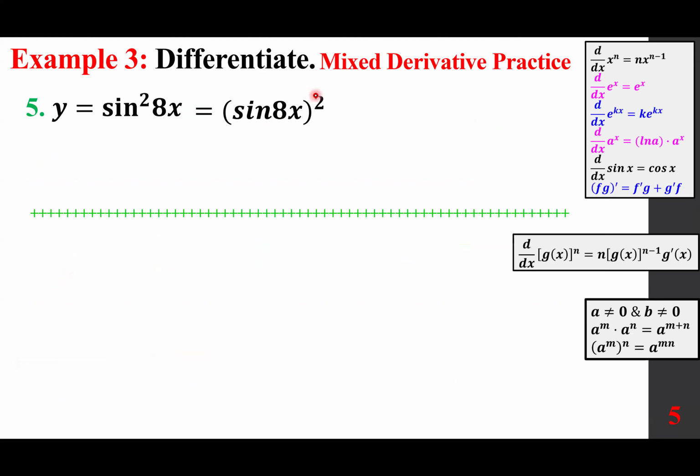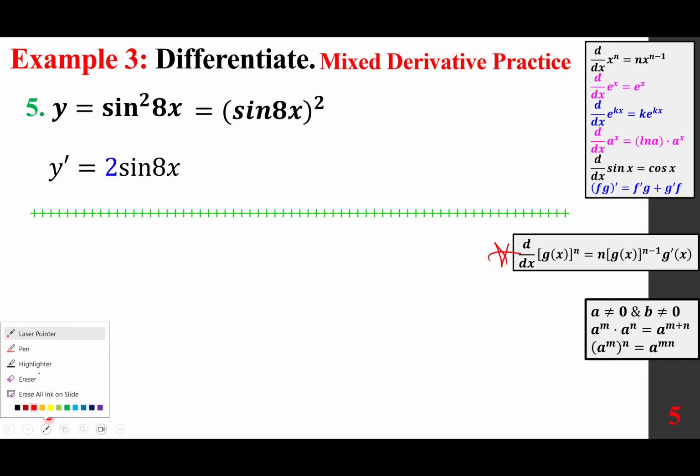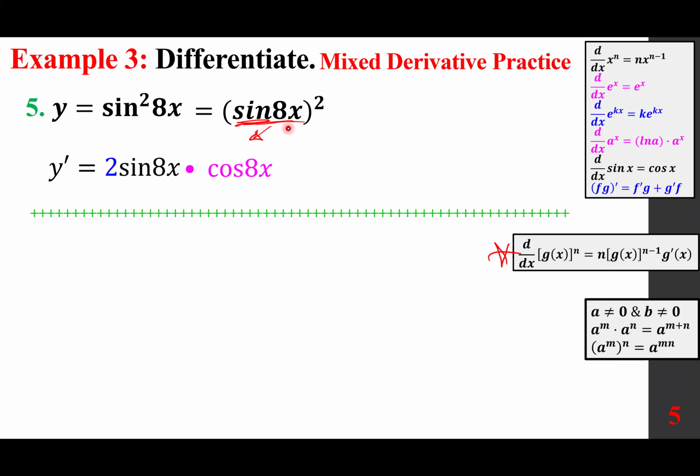So sine 8x to the power of 2, we are going to use the extended power rule. So we're going to write 2 and then sine of whatever, in this case 8x to the power of 1, or simply don't write the exponent. Now we are going to multiply it by the derivative of sine. As you know, the derivative of sine is simply cosine. So cosine of 8x. But now 8x, by the chain rule, again, its derivative is 8.